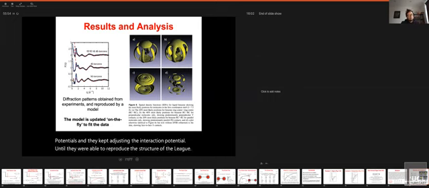I just wanted to leave it with you to give you a feeling that we are making a lot of progress in understanding how molecules interact with each other, and how those interactions will reflect into macroscopic quantities. We are working on the statistical mechanics approaches to make those connections consistent, but we are still trying to better understand how these molecules interact with each other.